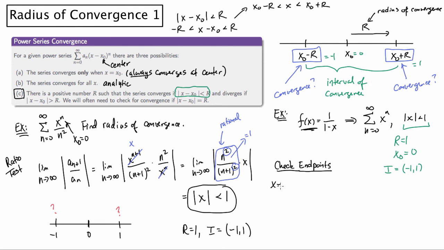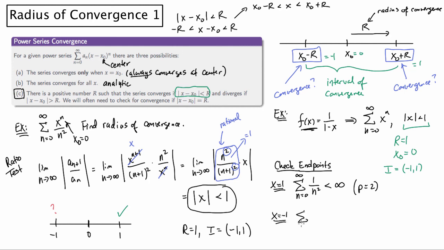So if I plug x equal to 1 into the sum, this becomes the sum from 0 to infinity of 1 to the n, which is just 1, over n squared. And we know that 1 over n squared converges. It's less than infinity because it's a p-series with p equal to 2. So at the point 1, it's not a question anymore. I know I get convergence, so I can check off 1.